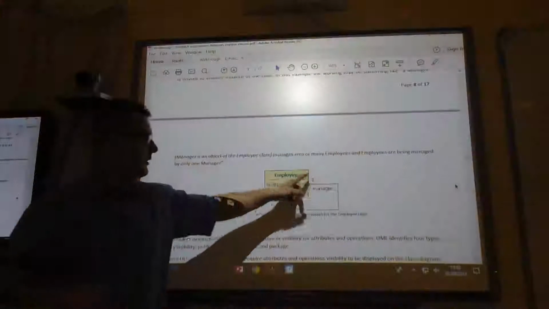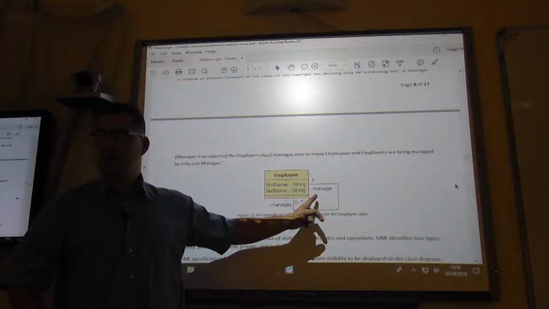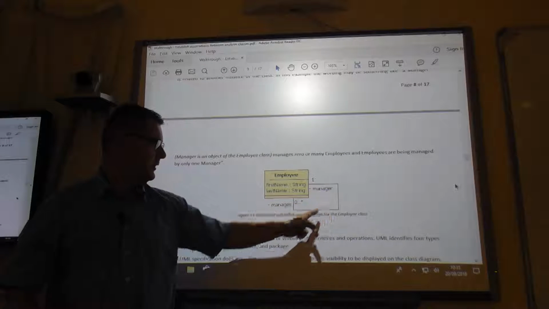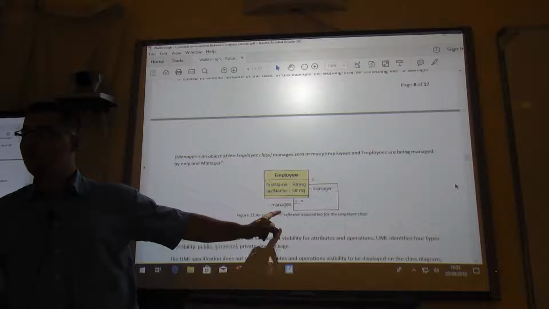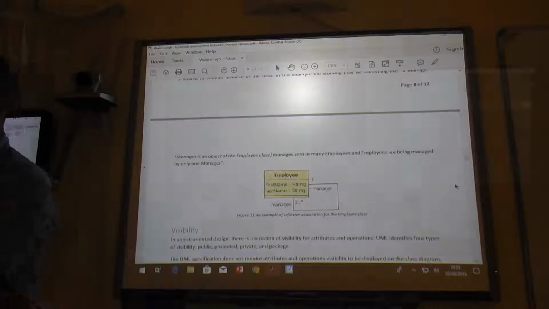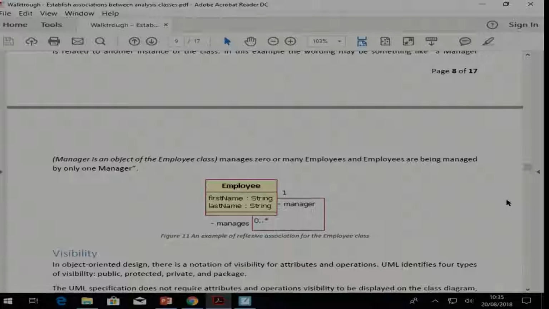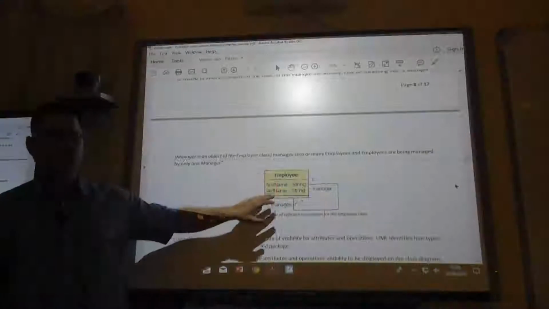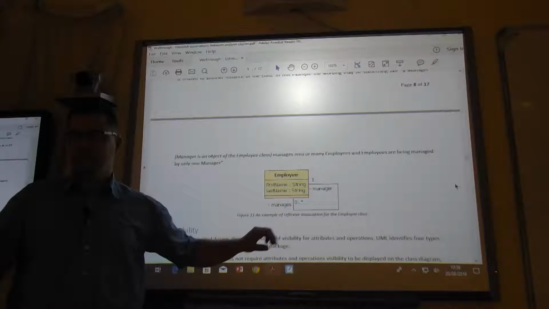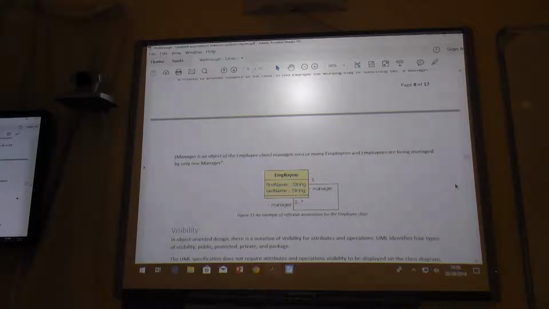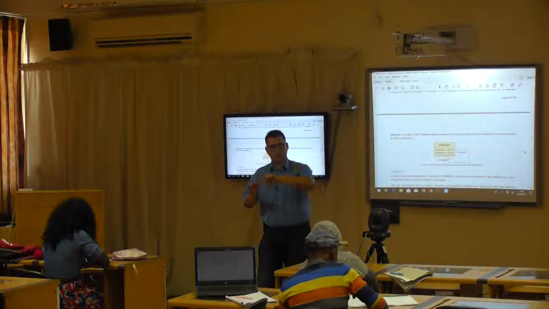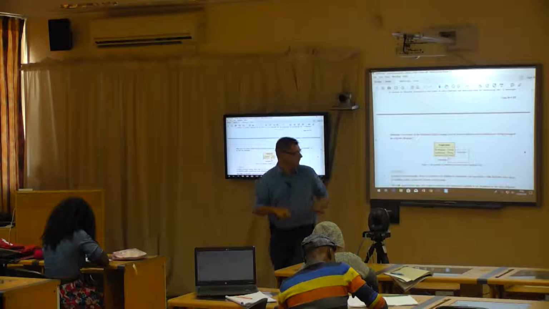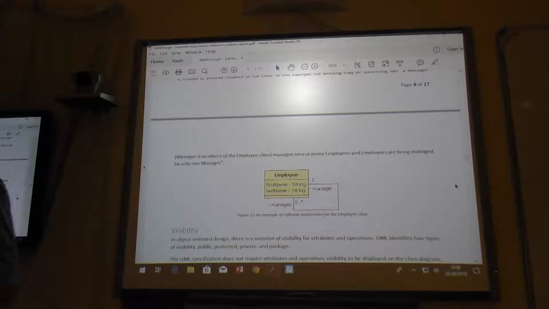In this case, an employee, what role is he playing? He's the manager, and he manages 0 or many other employees. Do we need two classes to model the same thing? No, because they are both the same. You use the same attributes to describe the employees. I don't need to model it as separate classes, but I can just put a proper relationship to model that this one is related to that one. Okay.